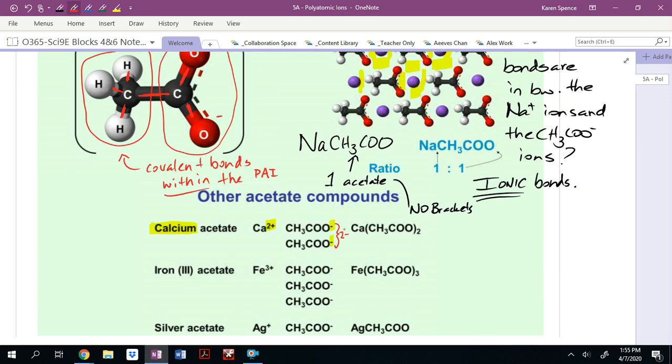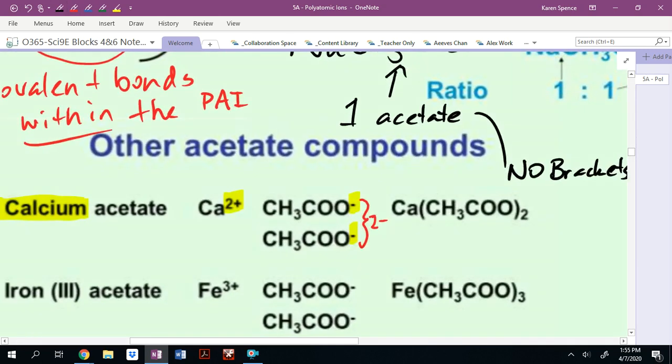Because we have 2 of the acetate ion, let's make this a little bigger here. Because we have 2 of the acetate ion, we put it in brackets and we put a 2 on the outside.